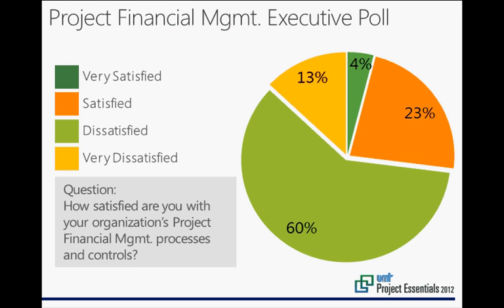A while back, UMT held a poll of around 200 or so decision makers and asked this question: how satisfied are you of your organization's project financial management processes and controls? And as you can see here, around 73% or so responded to this poll as they were either dissatisfied or very dissatisfied with their current project financial management processes, which goes to show that there's an opportunity to improve how organizations manage their financials alongside their project portfolios, as well as it's also important to these leaders.